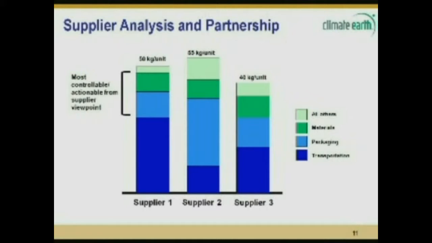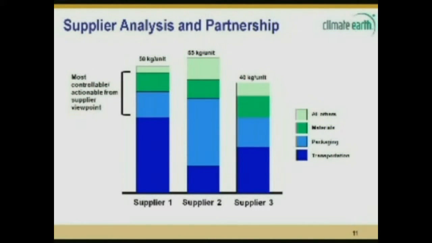But we're finding more and more that it's useful for companies to begin to work more closely together with suppliers, because as you can see from this chart, the controllable parts of the carbon footprint for supplier 2 are much larger than supplier 1 or 3.